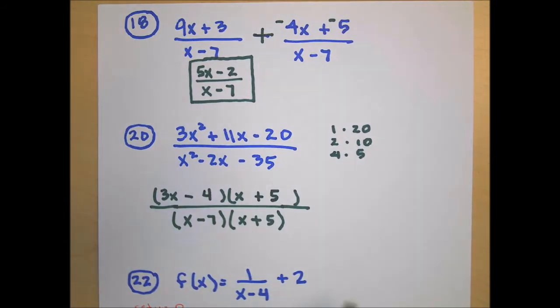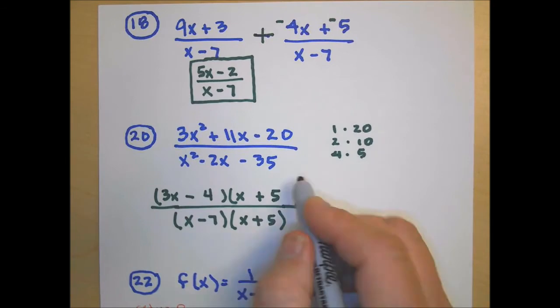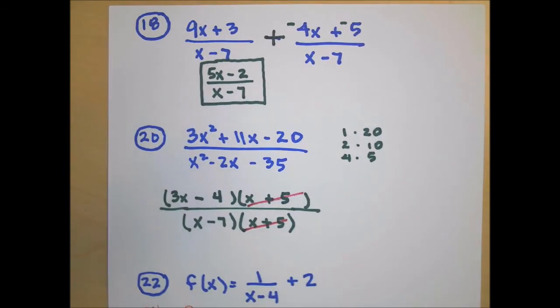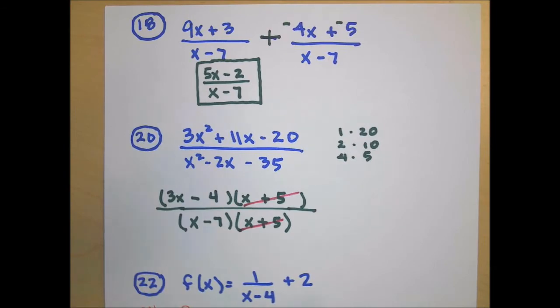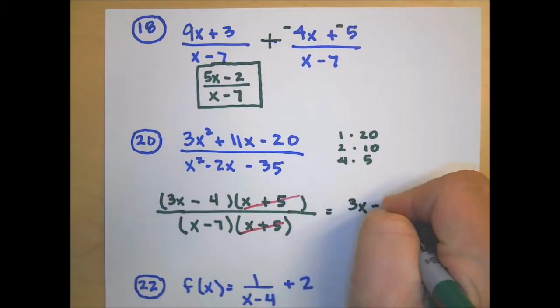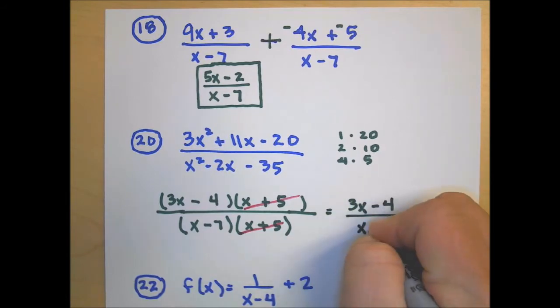Now it's called guess and check, so the only way you would really know if it's right, you would have to FOIL this out, but you are going to get 3x squared plus 11x minus 20 when you FOIL this out. And now that you have it all factored, you can clearly see that the x plus 5's cancel each other. And so you're left with your final answer, 3x minus 4 over x minus 7.